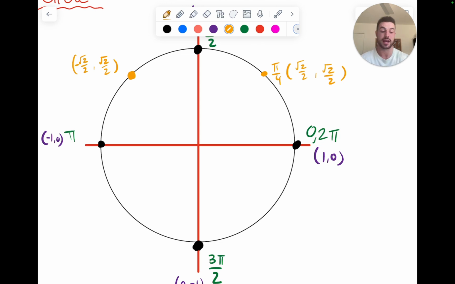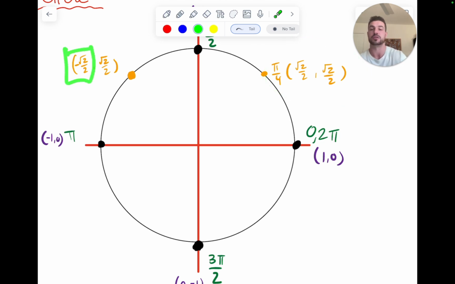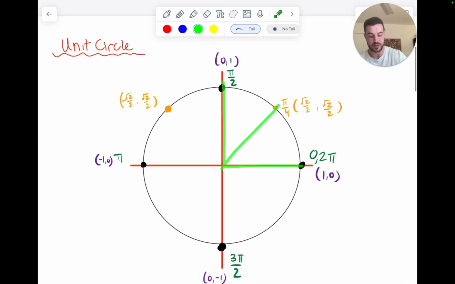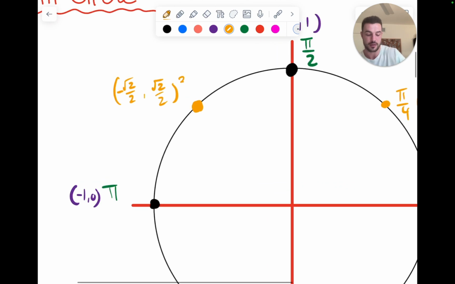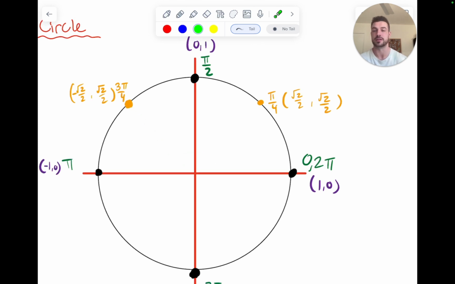So that point has the same coordinates as it did over here. However, our x value is going to be negative. So if this is 1/4, then the value up top right here should be 2/4, which is 1/2. This one will be 3/4, so this should be 3 pi over 4. So that tells us that the angle measurement right here is 3 pi over 4 radians.